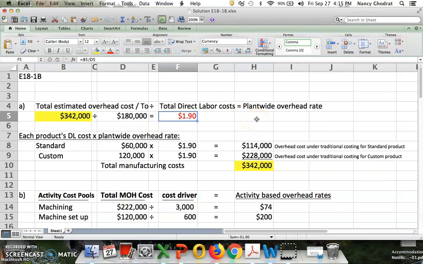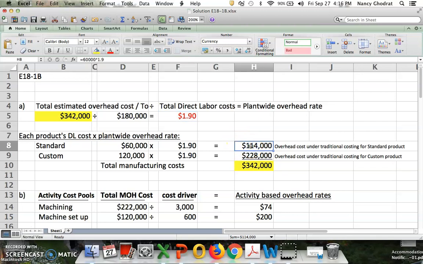So manufacturing overhead rate, predetermined overhead rate, or plant-wide overhead rate, we can call it either way, is $1.90.